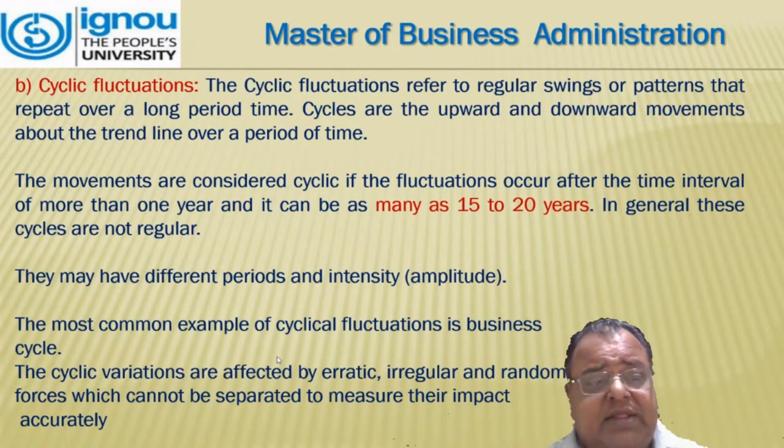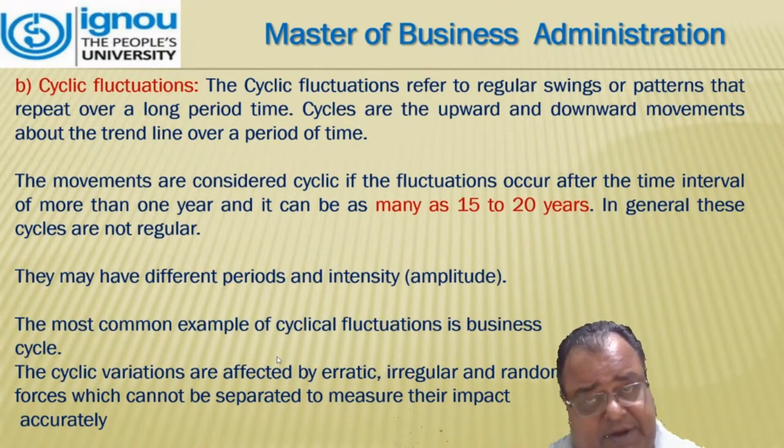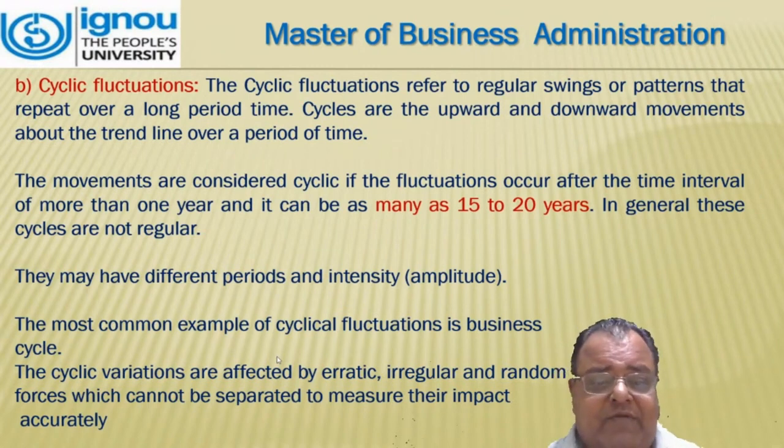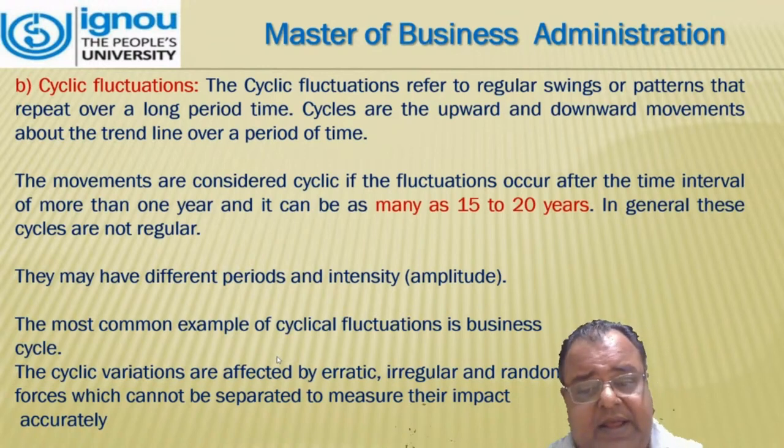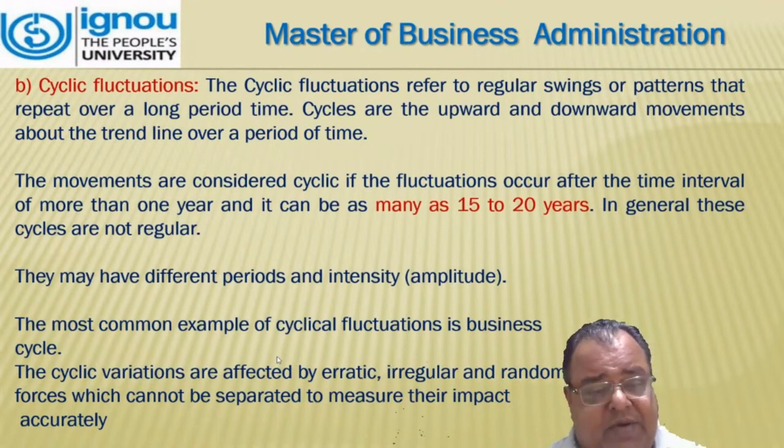And in general, these cycles are not regular. They may have different periods and intensity. The most common example of cyclic fluctuation is business cycle. The cyclic variations are affected by erratic, irregular, and random forces which can be separated to measure their impact accordingly.